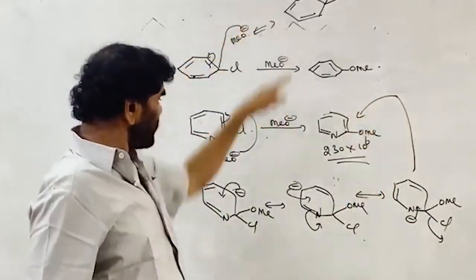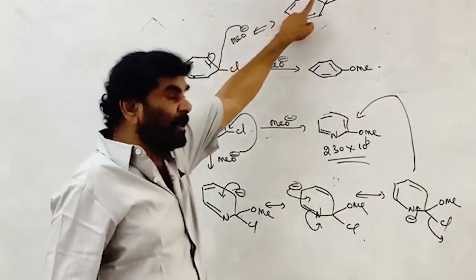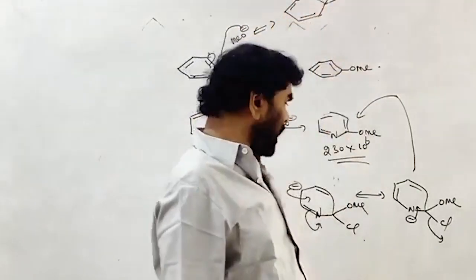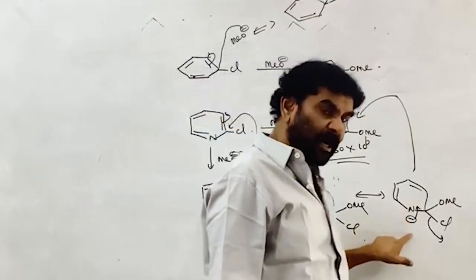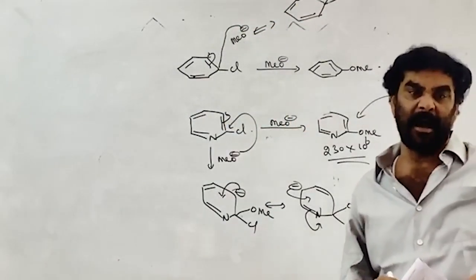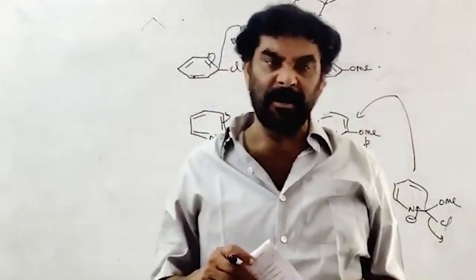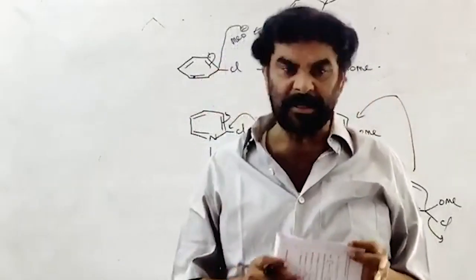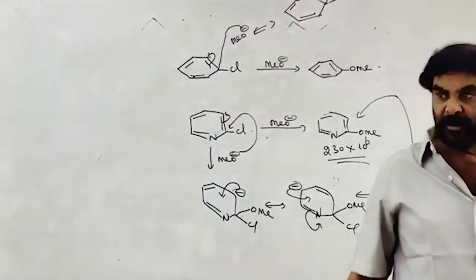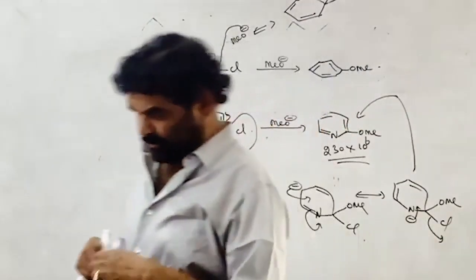If you see the resonance structures of the carbanion, here the negative charge is always on carbon, while here the negative charge is forming on nitrogen. Nitrogen is more electronegative than carbon, therefore that is more stable. A more stable intermediate is forming, so reactivity is more.